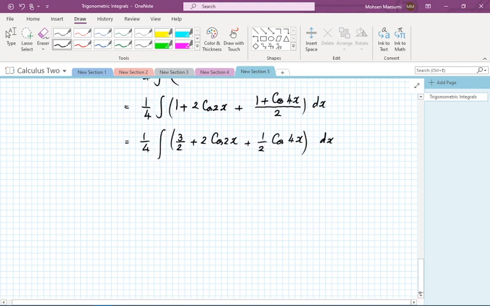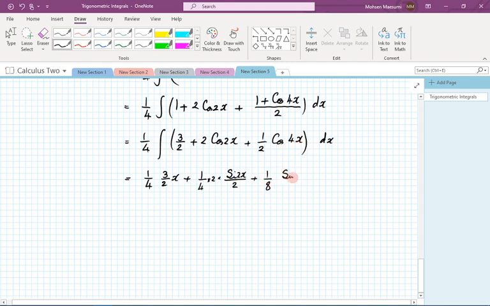Now if you want to make it look nice, maybe you want to separate it or take a common denominator, or however you want to do it. So let's write this as 1/4. The antiderivative of this one is 3/2 of x. Then 1/4 times 2 times the antiderivative of this, which is sine of 2x over 2, and then 1/4 times half is 1/8.